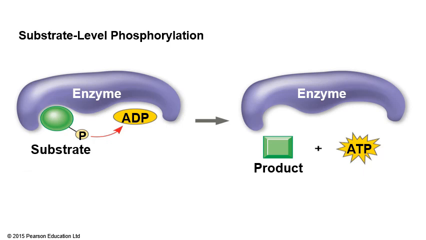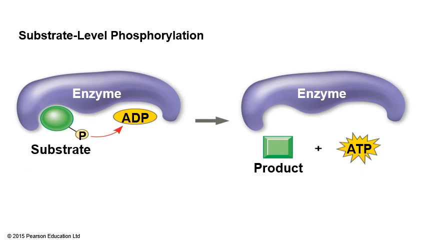I want you to remember there are two types of mechanism to produce ATP in cellular respiration. One is the major mechanism to produce ATP. That's the oxidative phosphorylation through the electron transport chain inside the inner membrane of the mitochondrion, to produce most of the ATP.